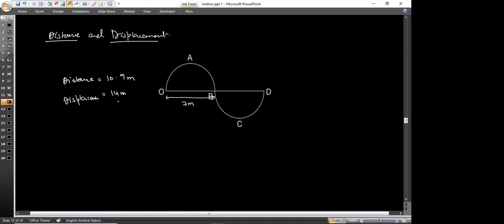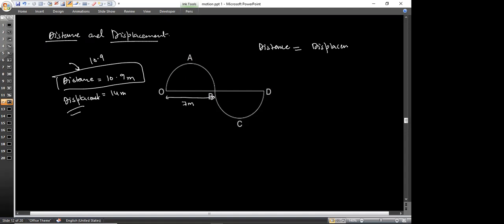So, beta, Sarah, you have to keep in mind one thing here, that a distance can never be shorter than a displacement. Here distance is 10.9 meter, which is shorter than displacement. Distance can be equal to displacement.